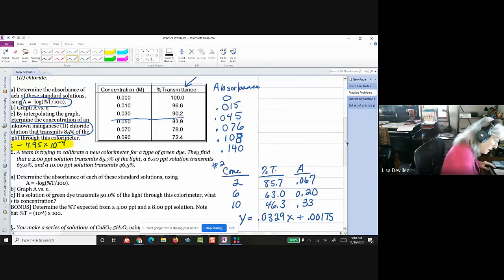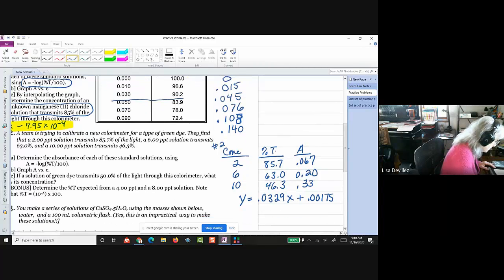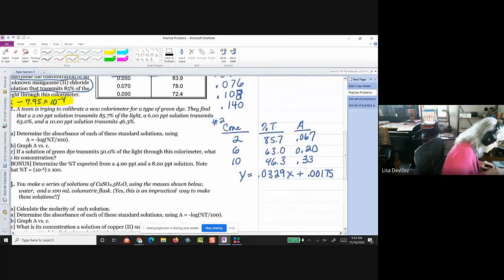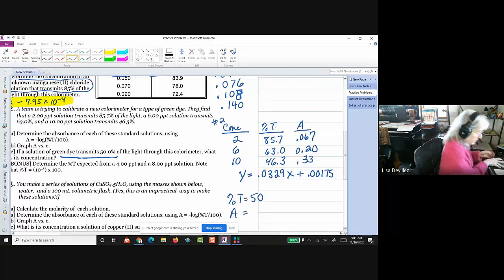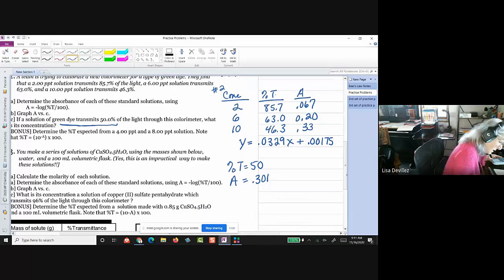Okay, so then now it's saying once this solution transmits 50%, what is the concentration? If my percent transmission is 50, that means my absorbance would be 0.301, right? So then if I plug that in, that is my y.